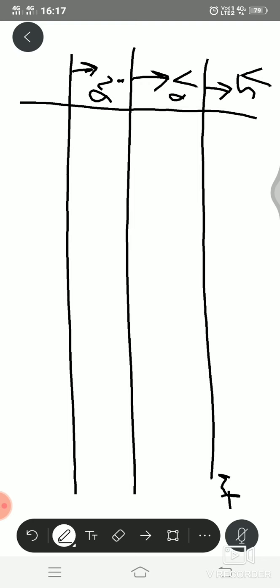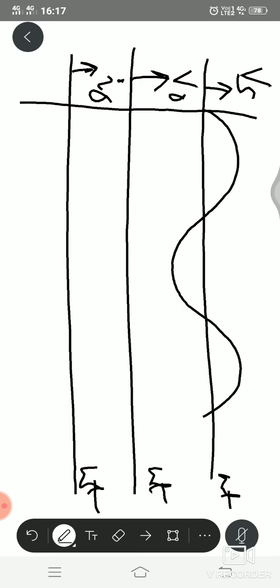All the x-axes are the same, that is omega t angle. Let us have the zero crossing extension.